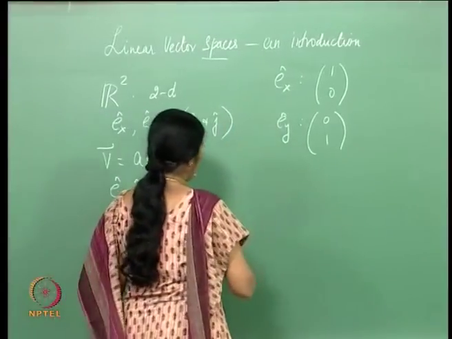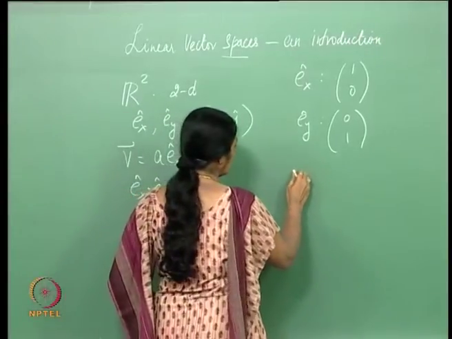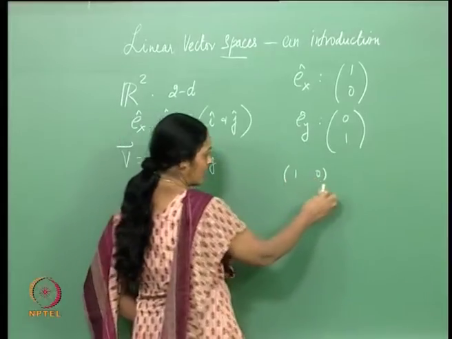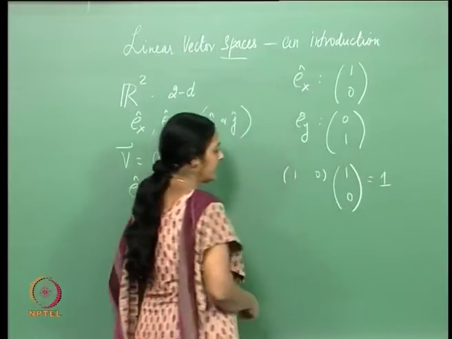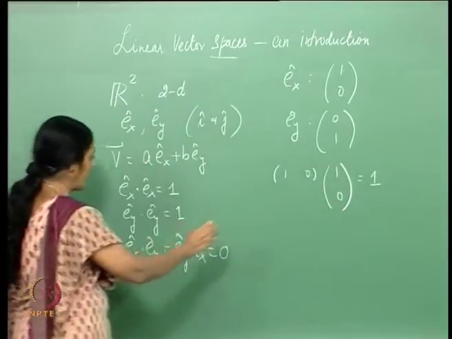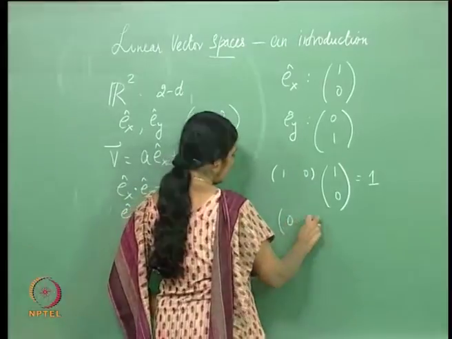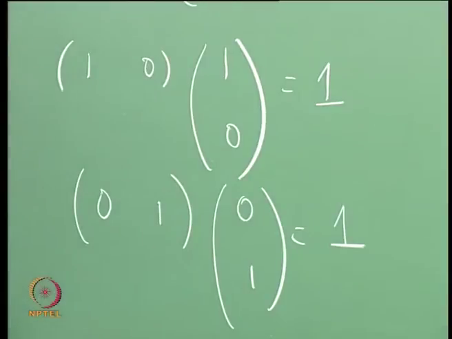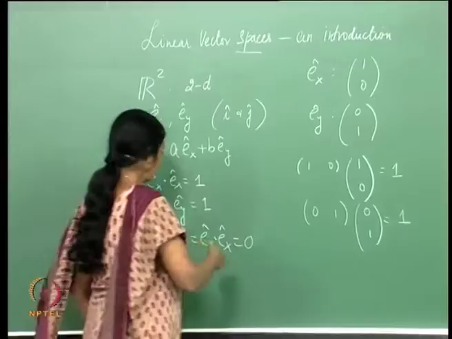Now if I did that, how do I generate the number 1 from this? Well, certainly if I take the row vector 1 0 and multiply it with the column 1 0, I get 1. So that's the same as saying that Ex dot Ex is 1. Similarly, if I did this, that too gives me 1, and that's the same as saying that Ey dot Ey is 1.